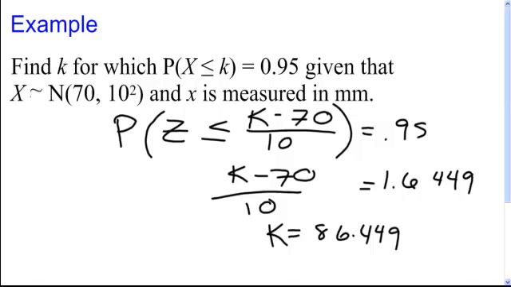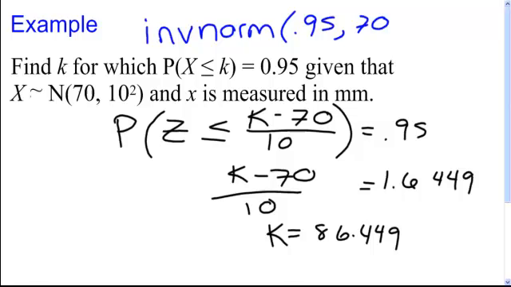So, again, sorry about the little side note here. You'll use the inverse norm in your calculator. The first value is your probability. The second value is your mean. And your third value is your standard deviation.